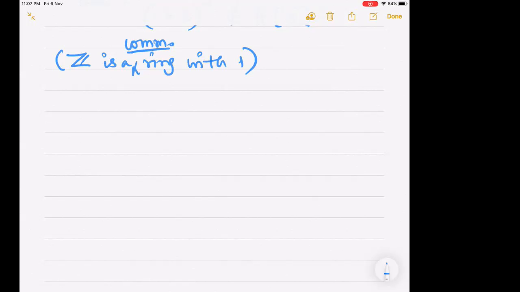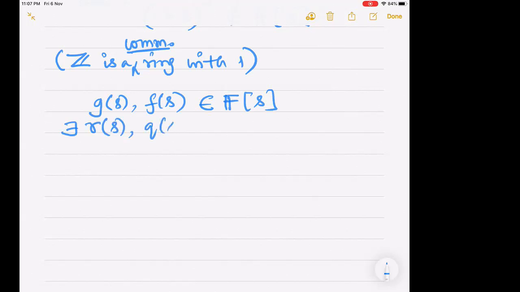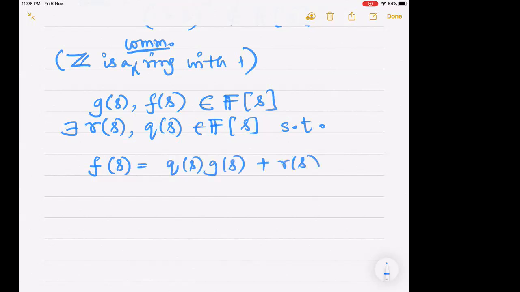Like if we have a polynomial g(s) and a polynomial f(s), both of them are polynomials, then there exist a polynomial r(s) and a polynomial q(s), both polynomials, such that f(s) is equal to q(s) into g(s) plus r(s), with degree of r strictly less than degree of g.